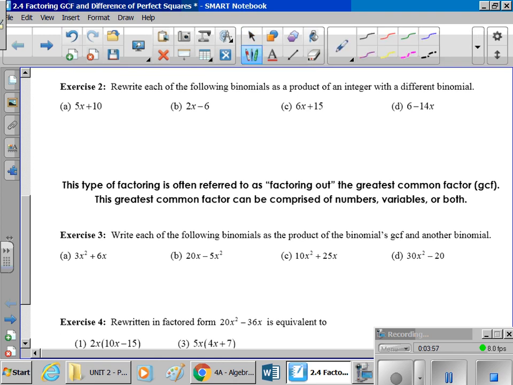So 5x and 10, a 5 is going to be common, and basically what we're doing is factoring out or dividing out a 5 out of each term. So what's left over? x plus 2. And then to give it a quick check, if you wanted to, you would use the distributive property to say 5x plus 10, right? 5x plus 10 gives us what we started with.